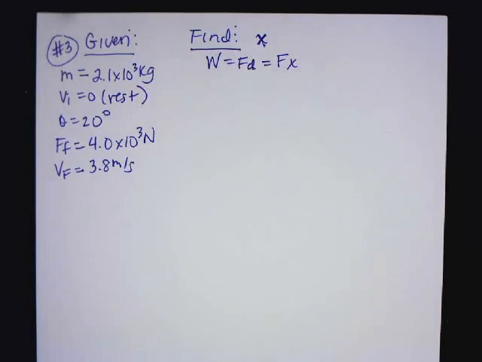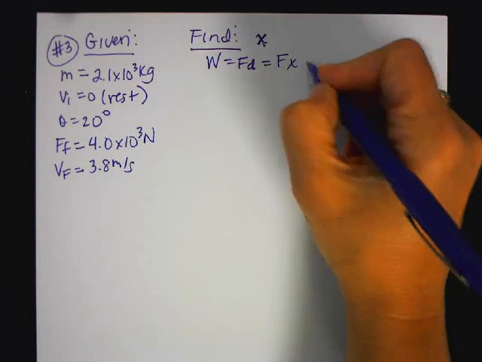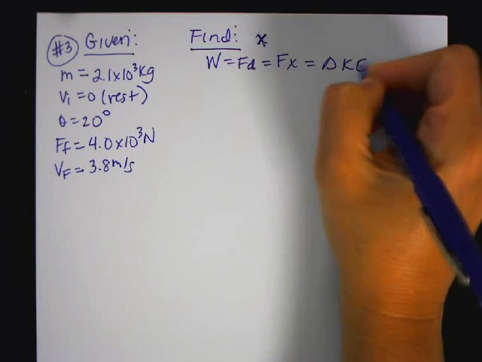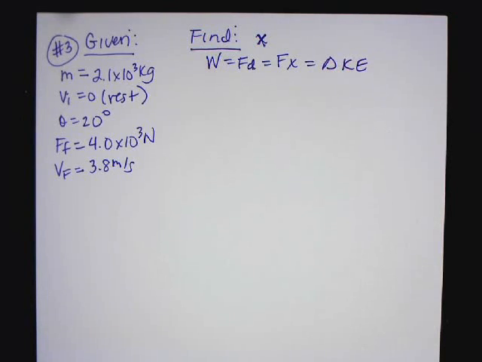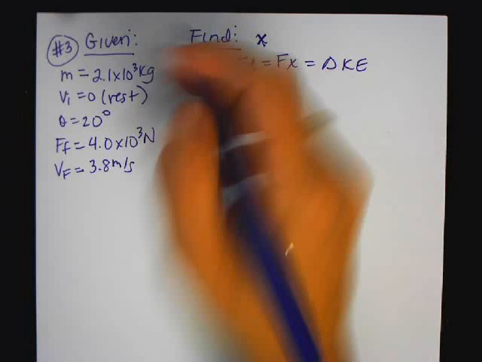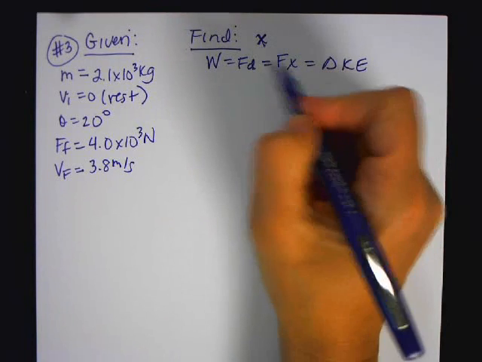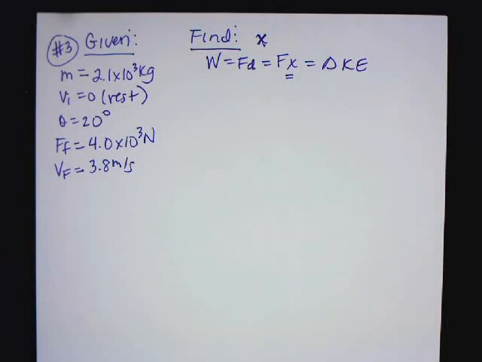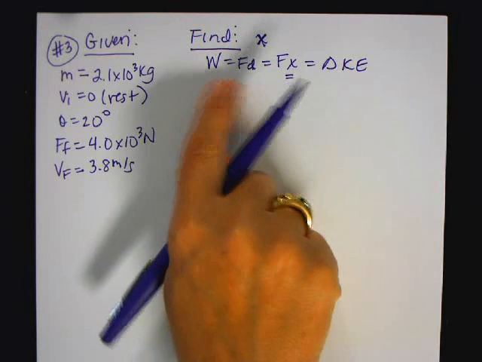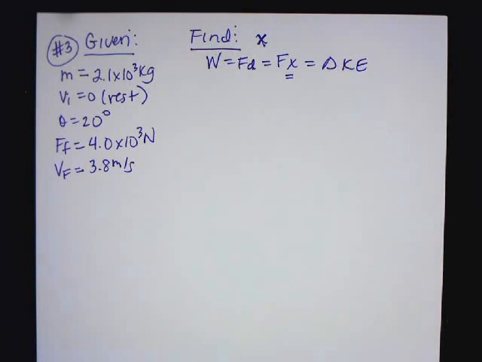So work is equal to Fx. And I know work is also equal to the change in kinetic energy. So if I wanted to find how far this goes, I need to find the work done, and I need to find this force, and then I could find x. So how do we begin?